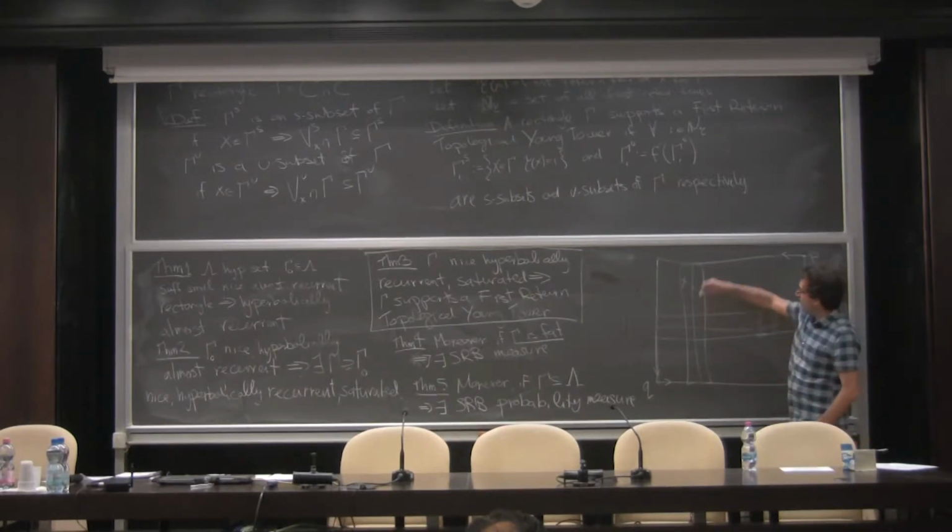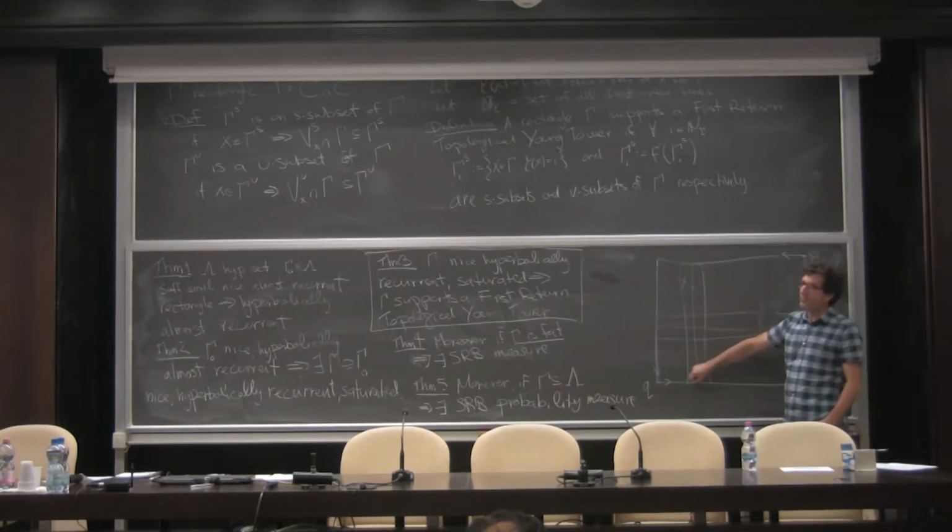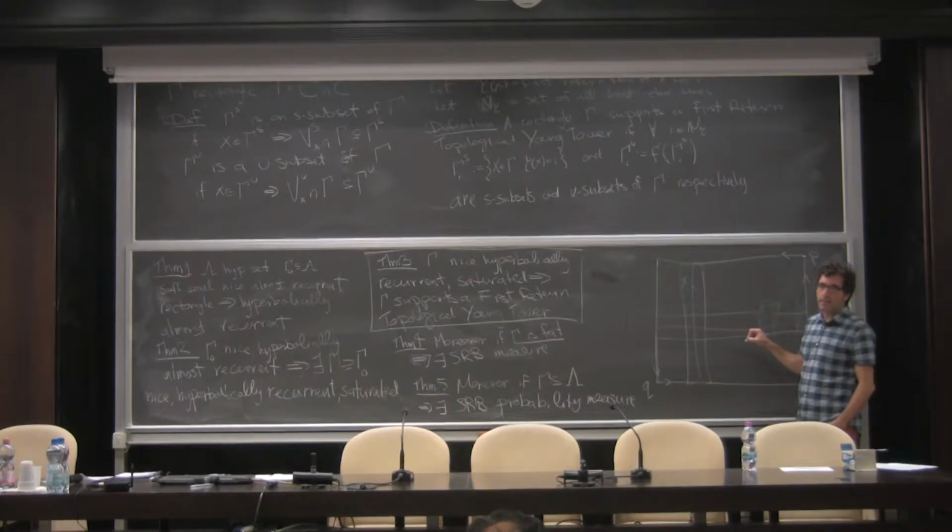So this is saying that all the points on a stable leaf all come back at exactly the same time, basically.